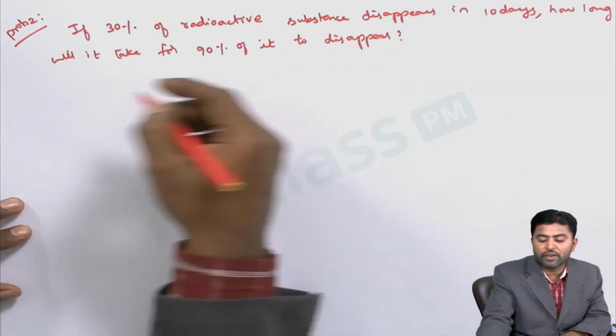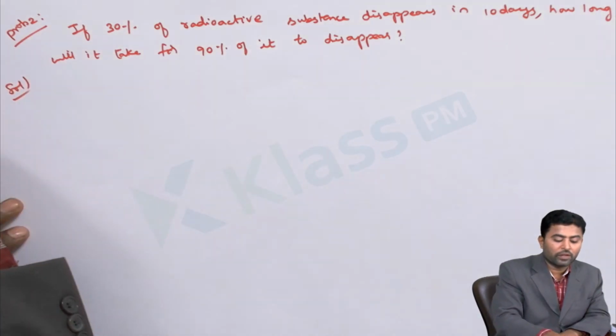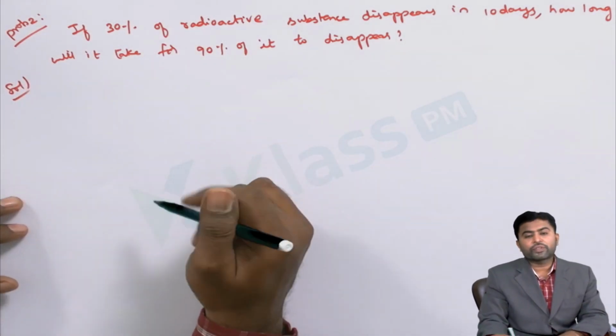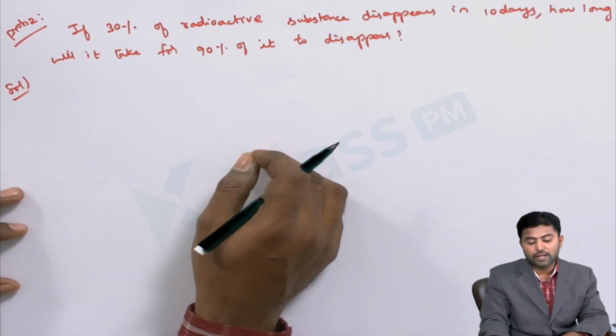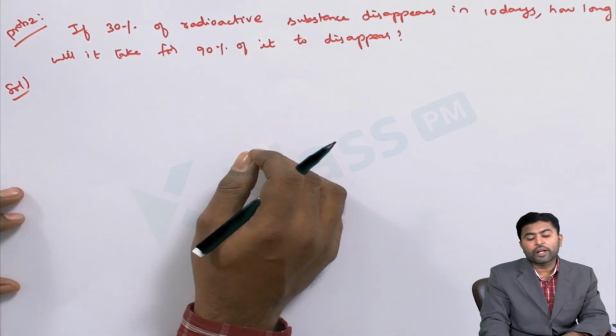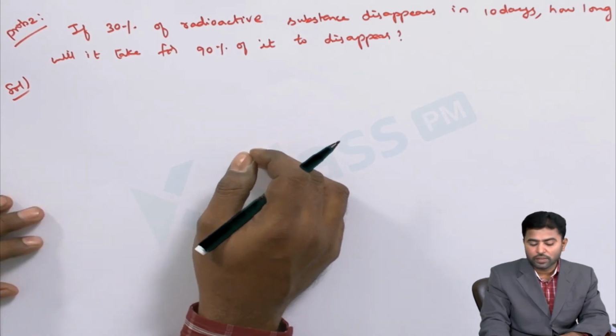Again, the problem is in the same way. What is asked is, if 30% of the radioactive substance disappears in 10 days, how long will it take for 90% of it to disappear?